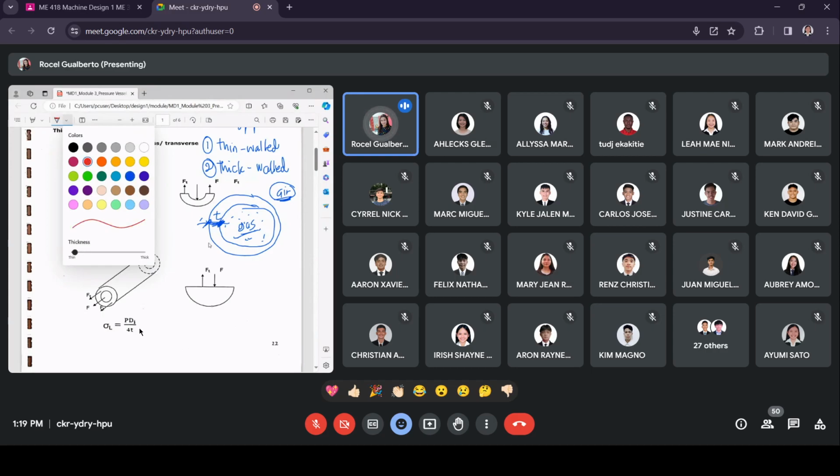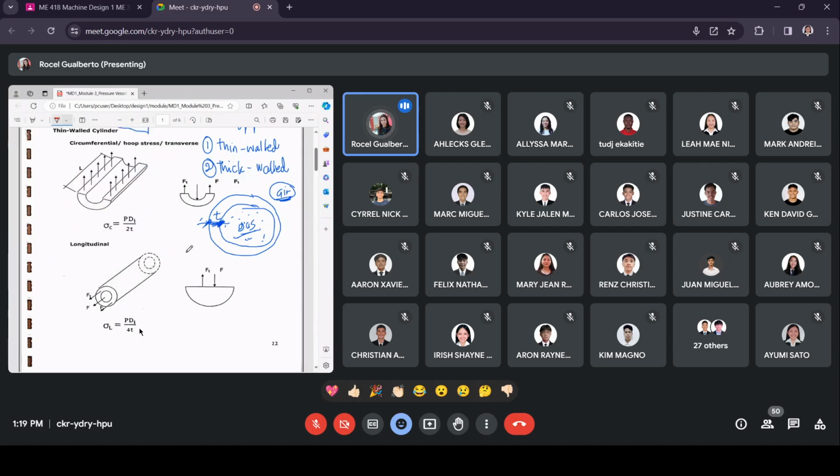So let us have here some state points. Let us have here point 1. Point 1 is a point at the outside surface of the vessel. We have here point 2. Point 2 is along the thickness.